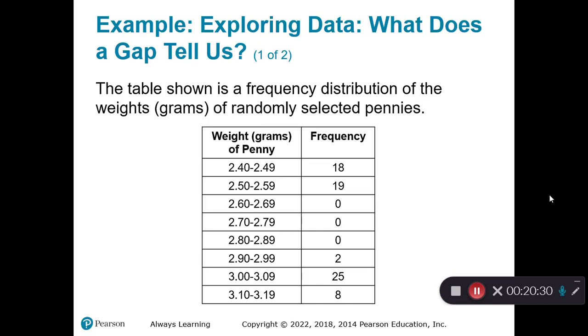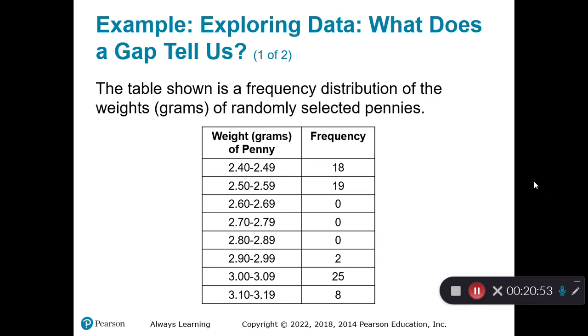And it looks like we have 18 plus 19, that's 37. 37 plus 2, that's 39. I'm going to skip over the 25 for now. 39 and 8, that is 47. And then 47 plus 25, it looks like we have 72 pennies in this distribution.